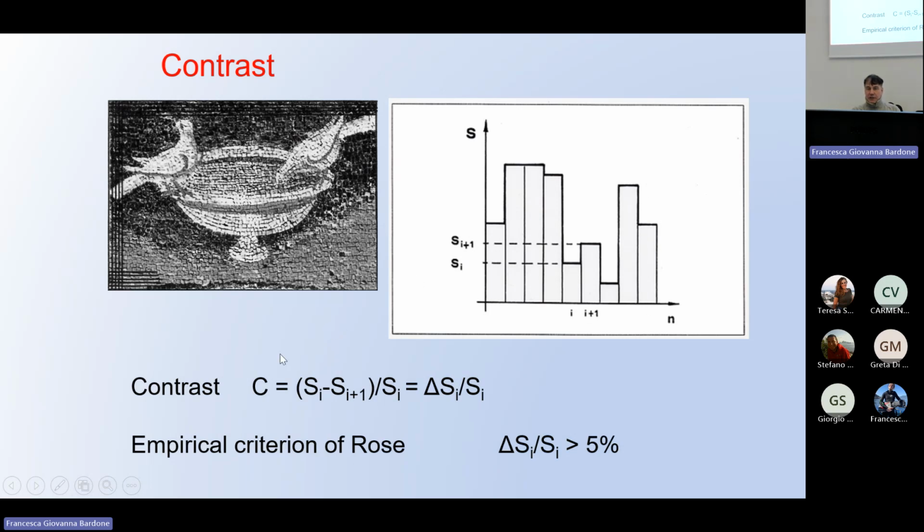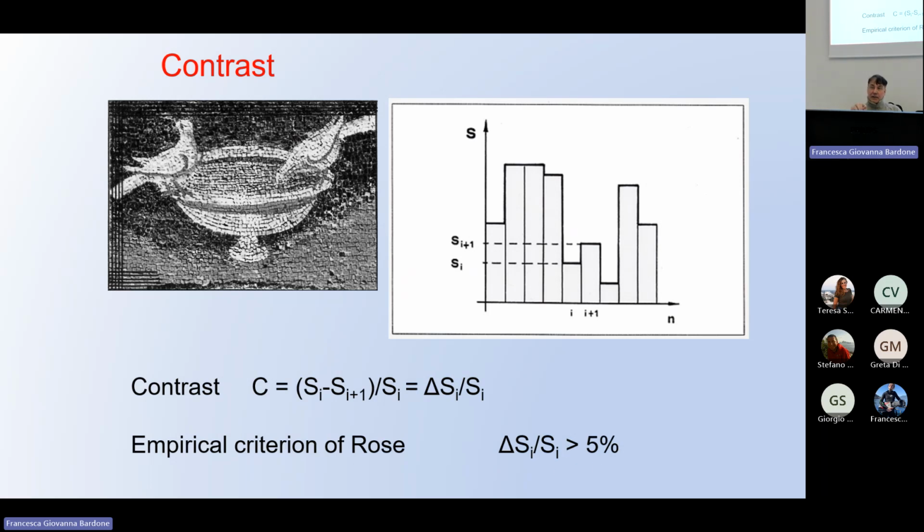So the contrast is defined as the difference of the signal between two pixels with respect to the first pixel. This is called delta Si over Si. And there is a criterion, the Rose criterion, which means that to detect an information, the contrast should be at least 5%.